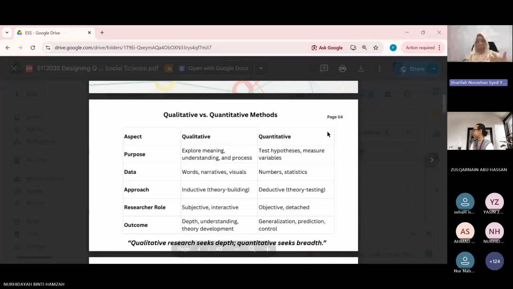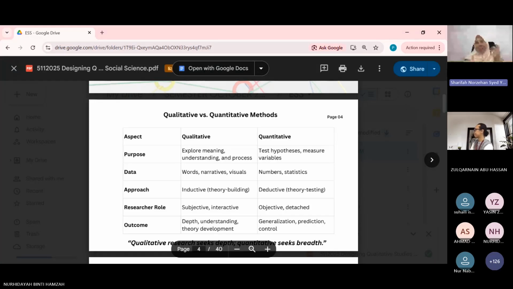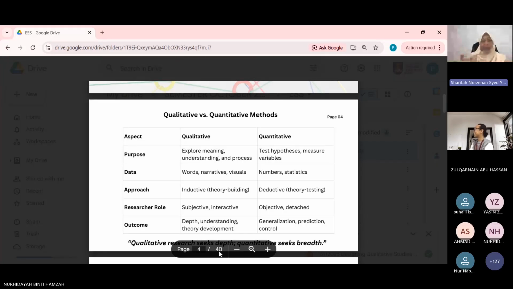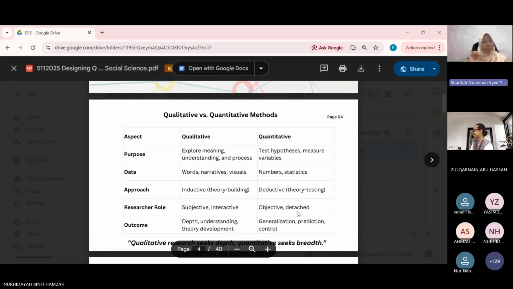Let's say you decided to study the financial literacy of postgraduate students, for example. If you decided to know more about the relationship between one particular variable and another, and you need a big number of people to answer it, the chances of doing qualitative are very slim, and you need to do quantitative.